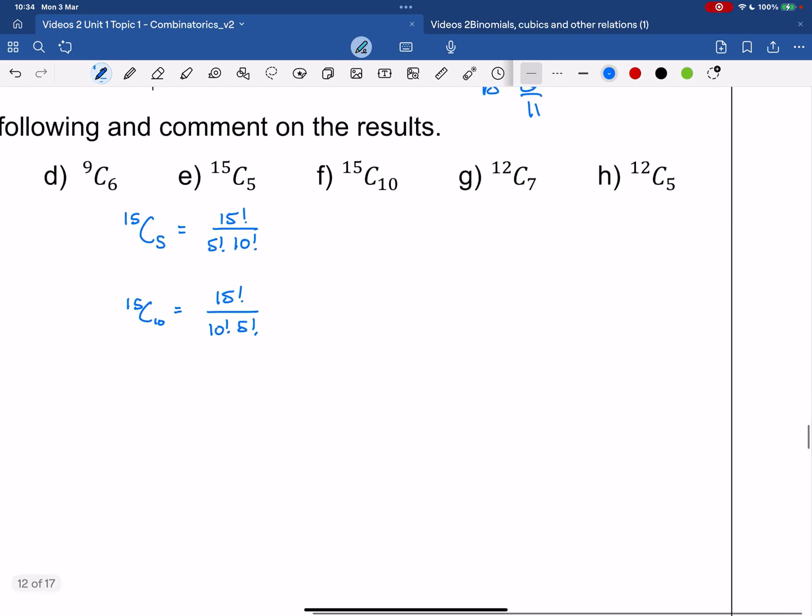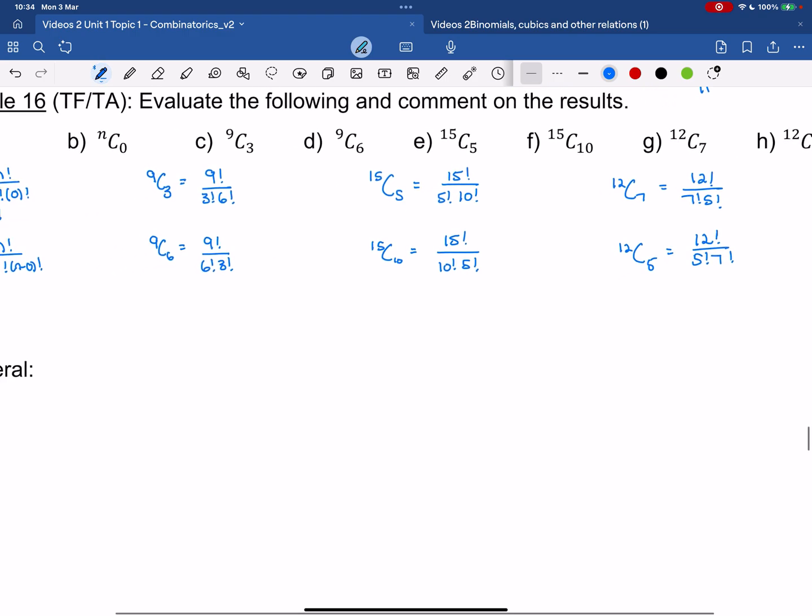Then if I look at the last two, I've got 12 choose 7, which is 12 factorial over 7 factorial, and 12 minus 7 is 5, and 12 choose 5 is going to be 12 factorial over 5 factorial times 7 factorial, because 12 minus 5 is 7.